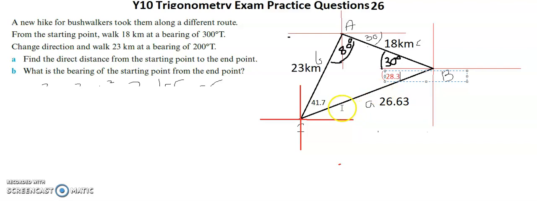Which also means this angle here equals 28.3. That helps with my next part, because then to find the true bearing, I need to go 90, take away 28.3. That gives me my true bearing from the endpoint to the starting point, which is 61.7 true bearing.